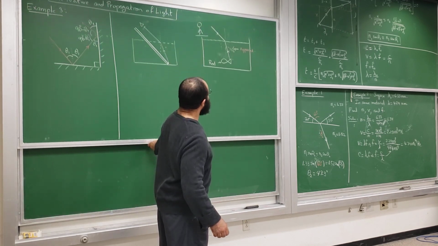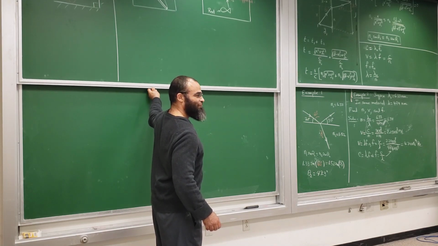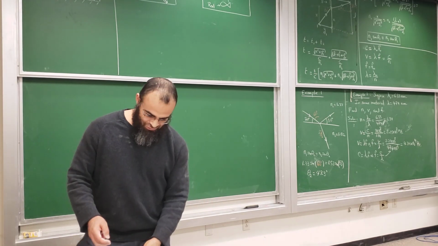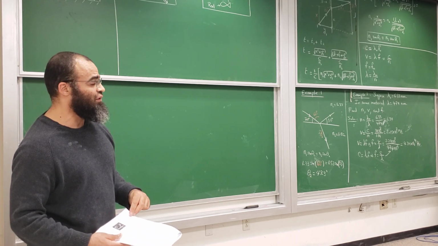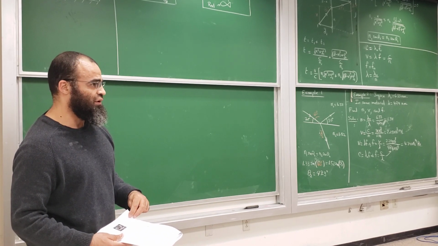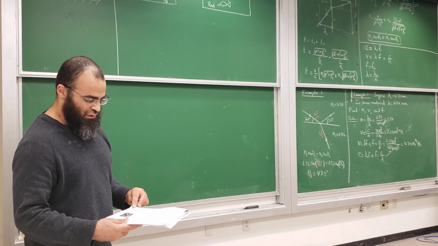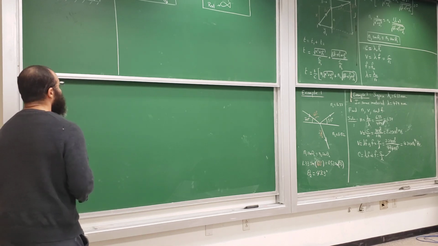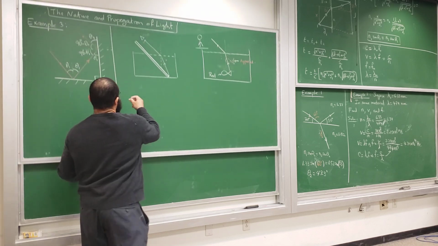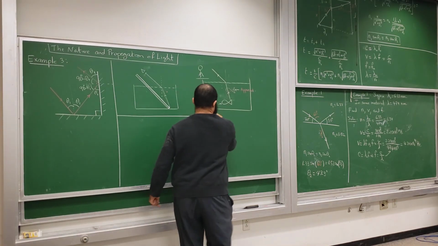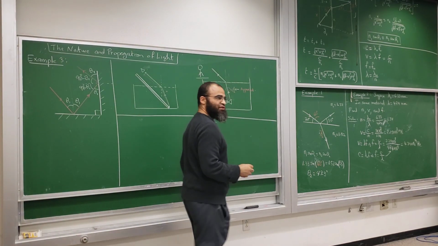Alright, so we're going to go on. The next one is about total internal reflection. Total internal reflection, alright? So what does that mean? So let's say, in fact, let me make some use of this board instead. I'm going to let you experience this on your own.